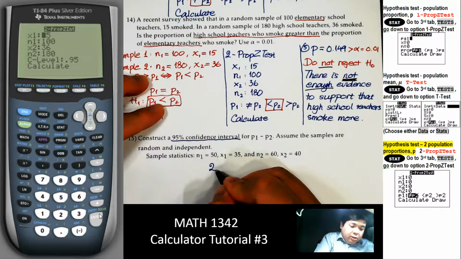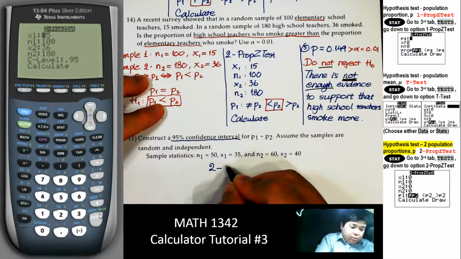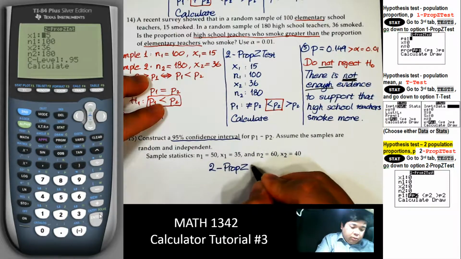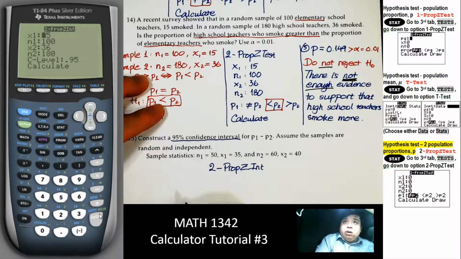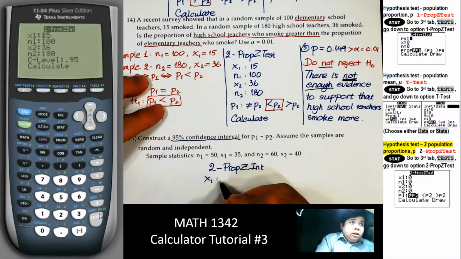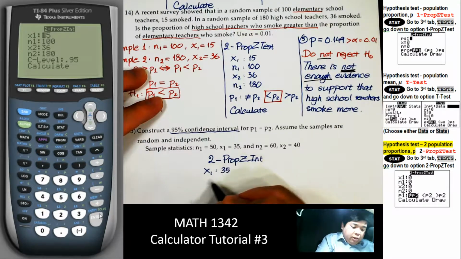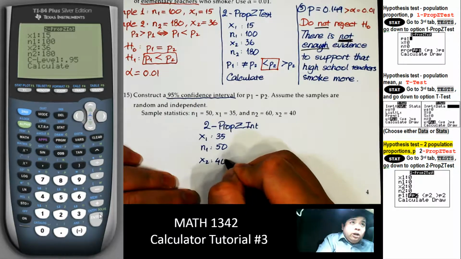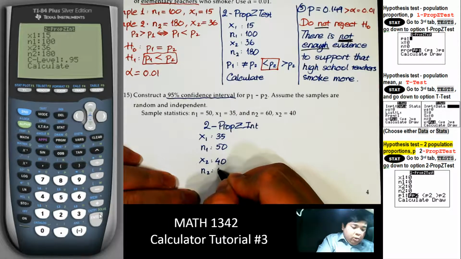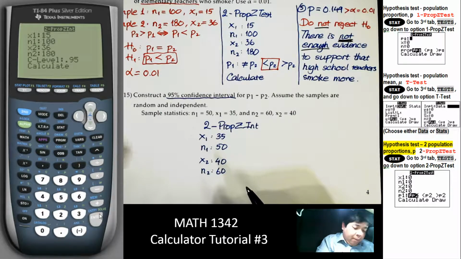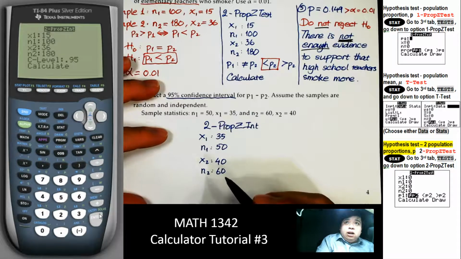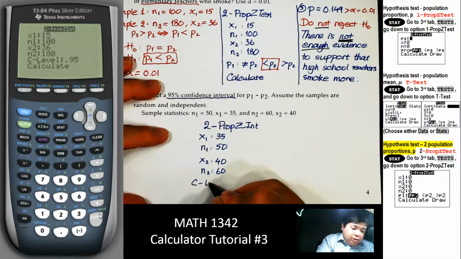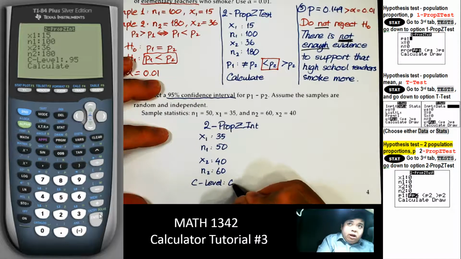So the interval: x1 is 35, n1 is 50, x2 is 40, n2 is 60. We have this number before. And then the confidence level of 95, and then calculate.